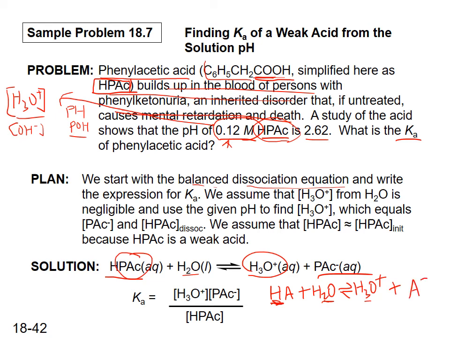And that's the general form to write the dissociation reaction for a weak acid. Now in this case, PAC is the anion, so you get PAC⁻. Then you write Ka, which is the hydronium ion concentration times the anion concentration divided by the acid concentration at equilibrium. Okay, next we need to construct the table.